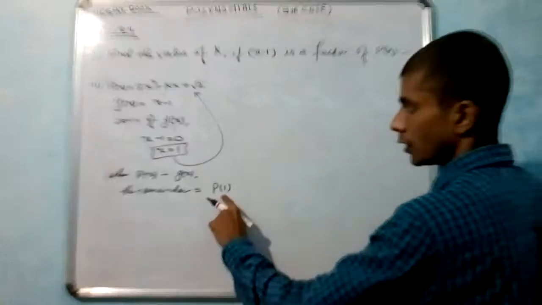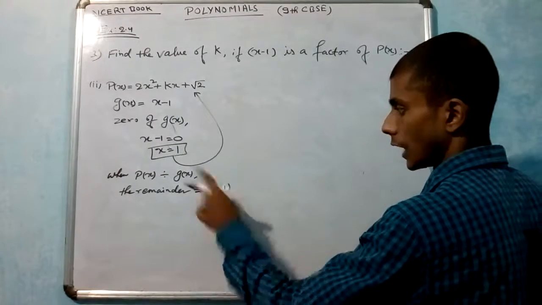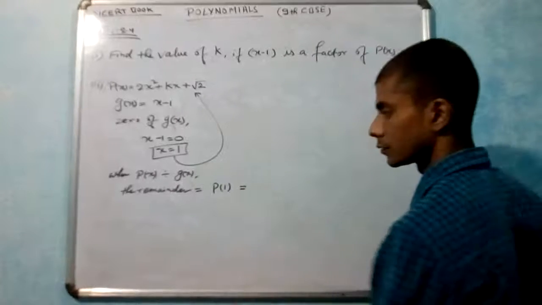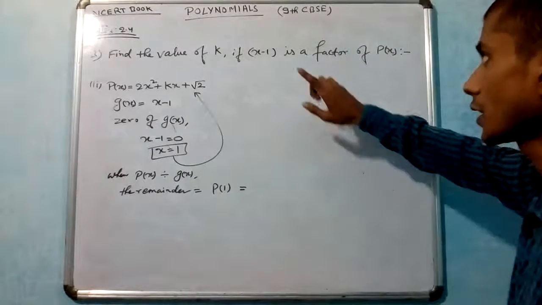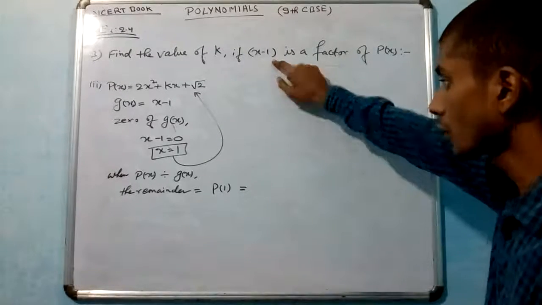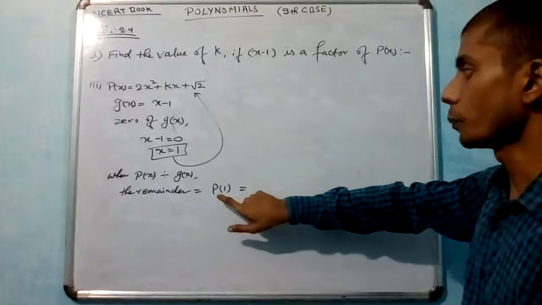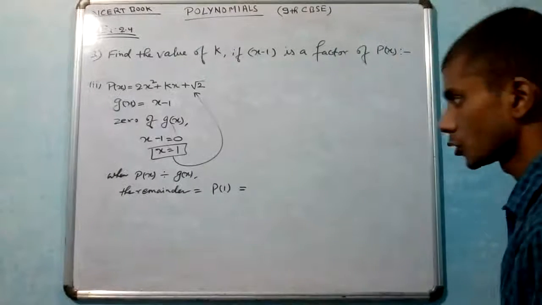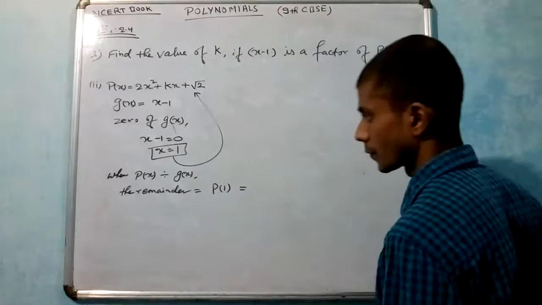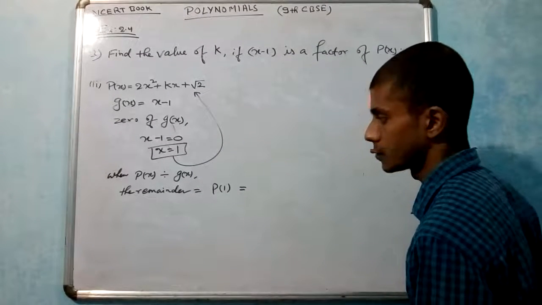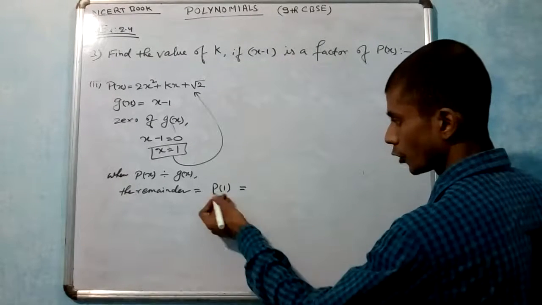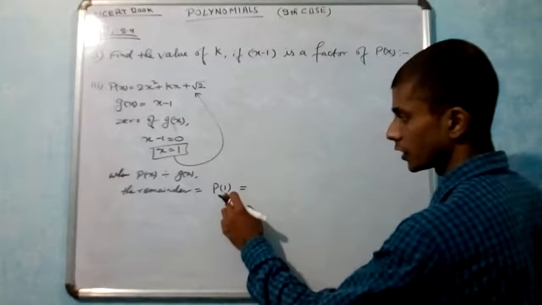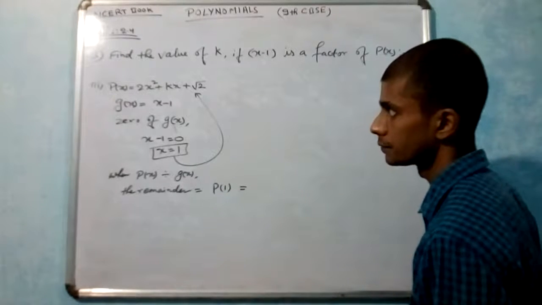And what must come P of 1? It's already given. It's a factor. It's not asking whether it's a factor or not. So P of 1 should be equal to what? P of 1 is only the remainder, no? It should be 0, yes.